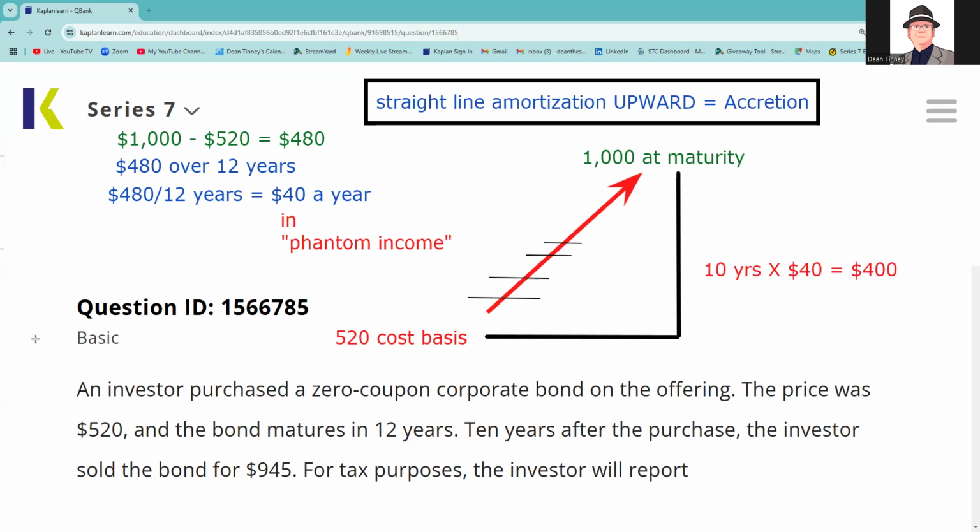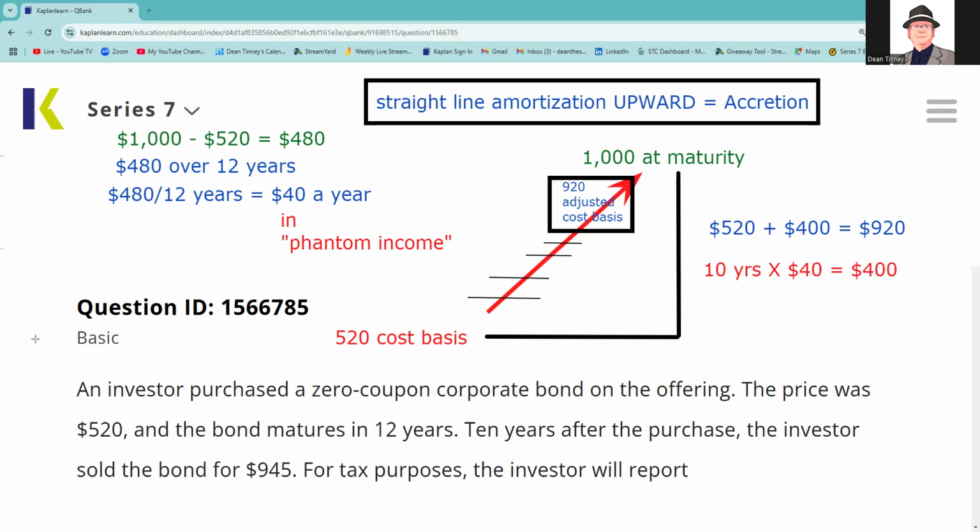But anyway, here we held it for 10 years. Each year we've been adjusting the cost base up by $40, doing straight line amortization upward called accretion, so our adjusted cost base would be 920. That's the 520 we originally paid plus the 400 in adjustments we've made to the cost basis each year. So my adjusted cost base is 920.